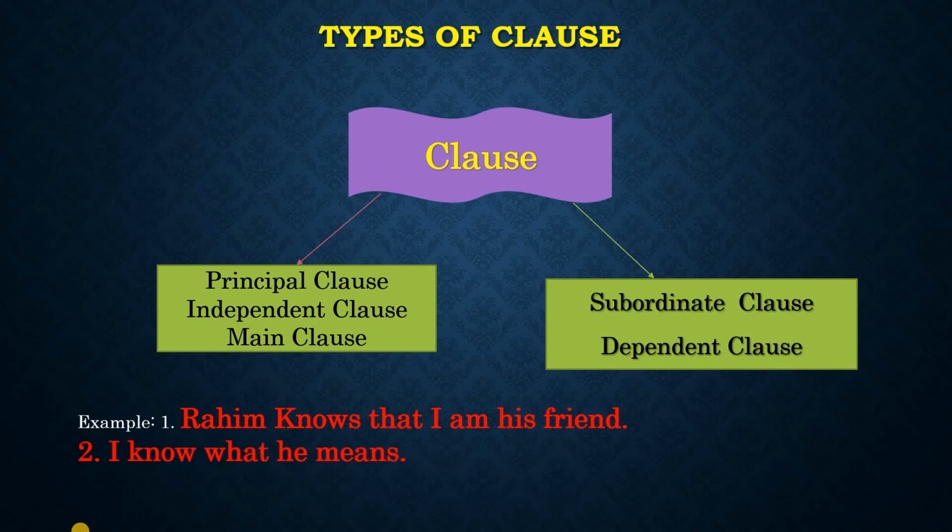I know what he means. In this sentence, I know is the principal clause, what he means is the subordinate clause, because what he means, its meaning is not clear to me.